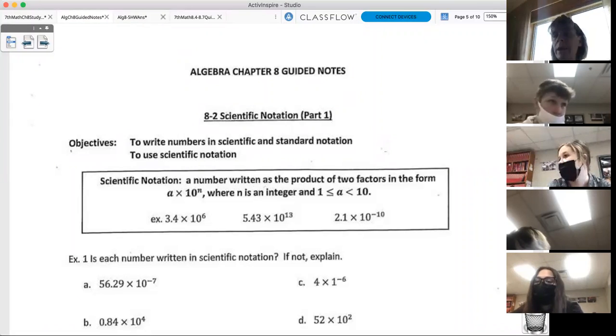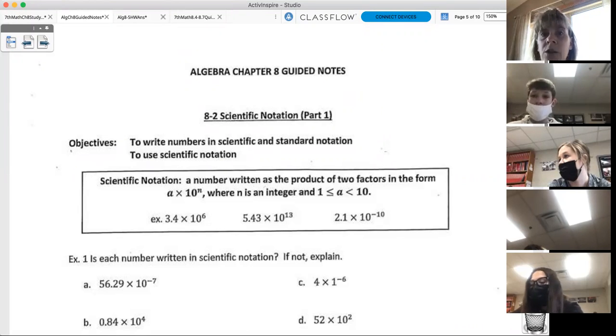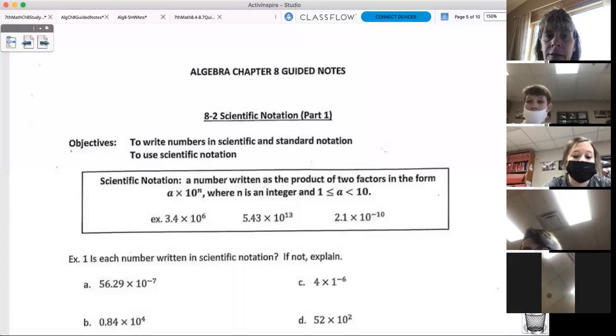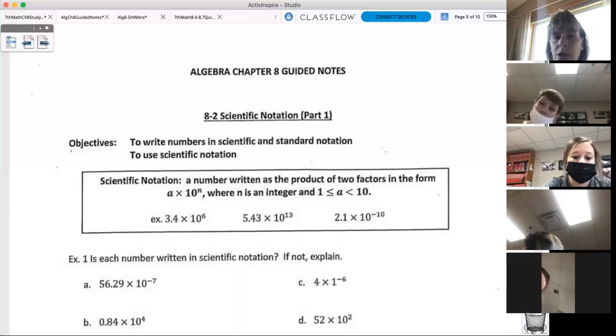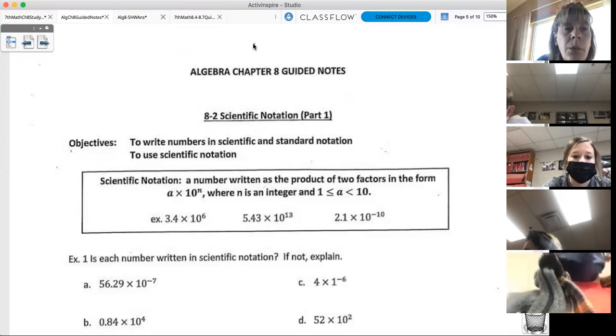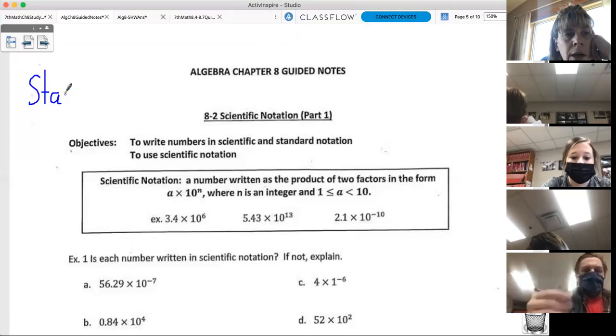All right, so what is scientific notation and what is it used for? Here's our objectives for the day. We're going to write numbers in scientific and standard notation, and we're going to use that scientific notation. There are 2 different ways to write numbers. There's something called standard notation, and this is what you guys have used forever and ever, okay?